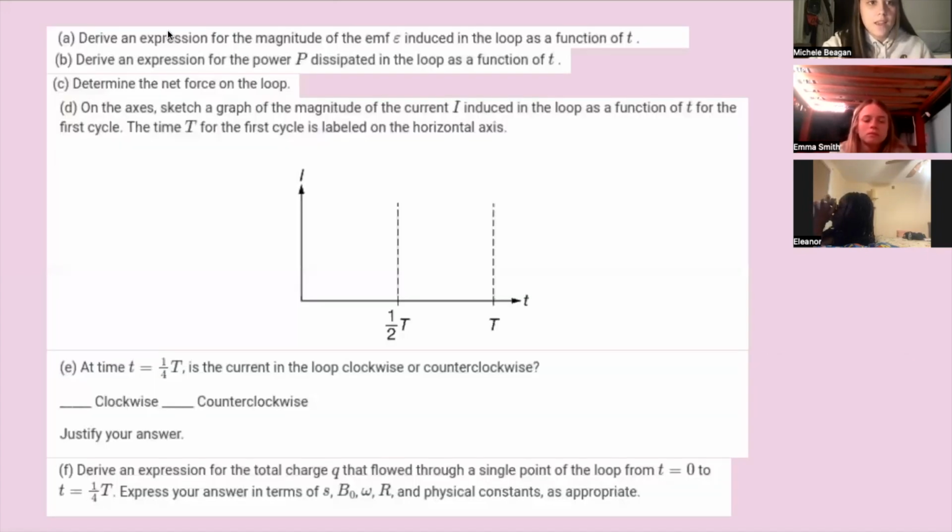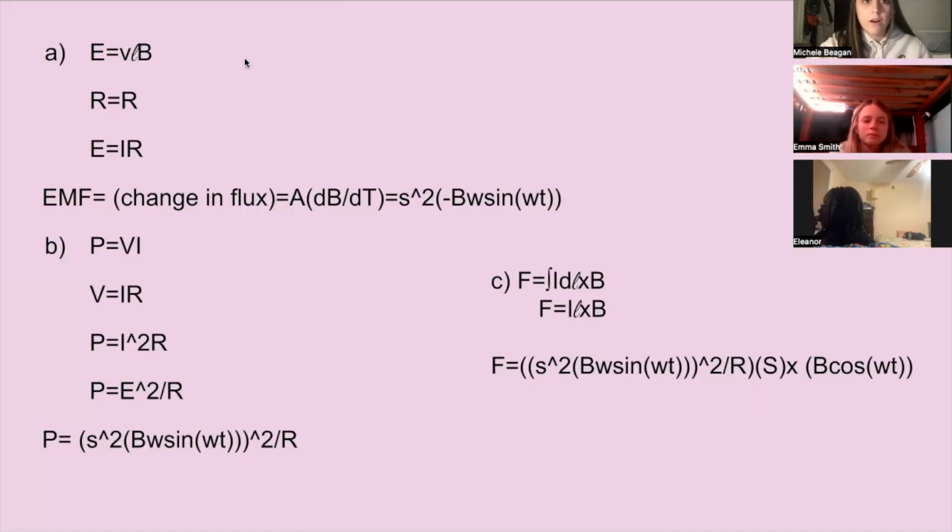And then for B, derive the expression for power. So we know power is voltage times current. And then you're just manipulating the formula, and we eventually get the EMF squared over the resistance.